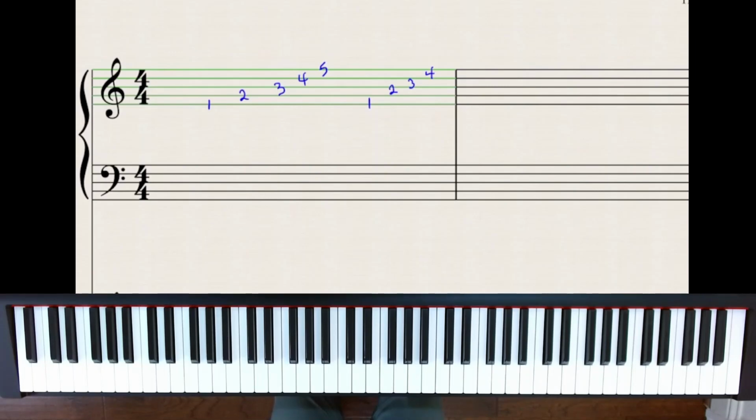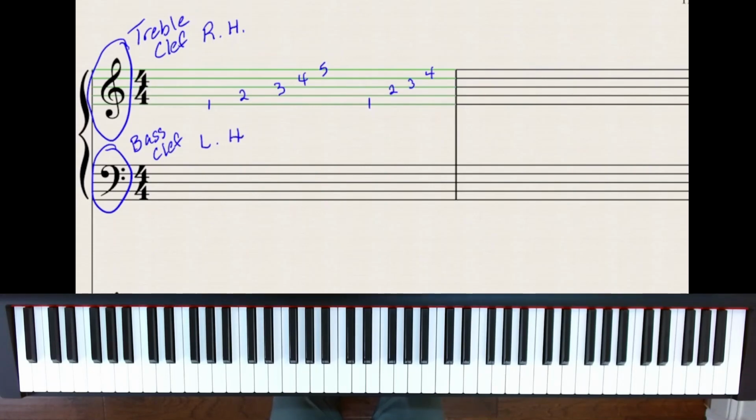Okay, and next we have what's called a treble clef. And it's referring to what our right hand plays. And down below is what's called a bass clef. And it represents the left hand.